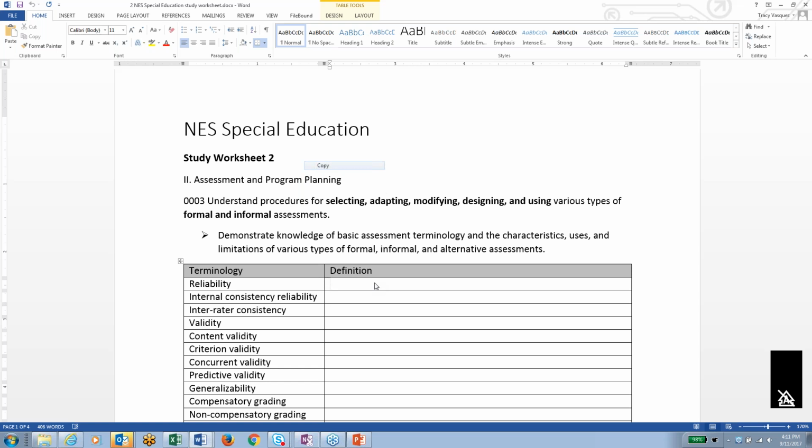Reliability is the degree to which an assessment is provided. Let me make sure I'm reading my own writing clearly. Okay, and I will also add here that reliability is consistency of assessment data across several repetitions.